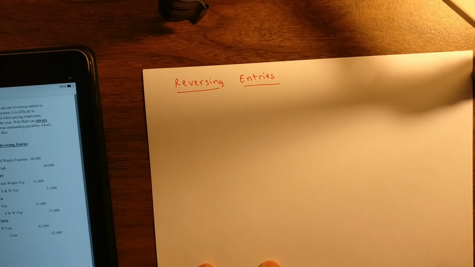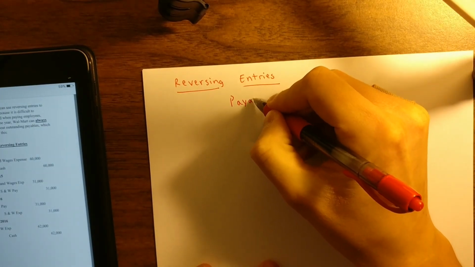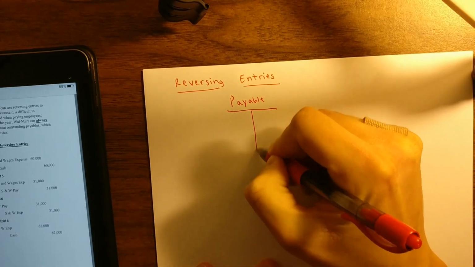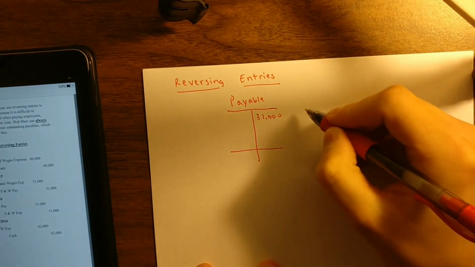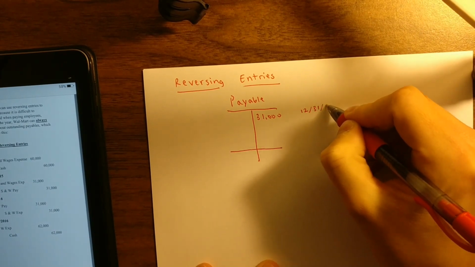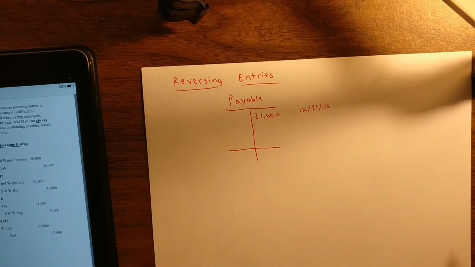You would have this payable sitting on the books, because we accrued this $31,000 as of 12/31 of 2015, and that is a permanent account sitting on the balance sheet. Until we debit off $31,000, it's going to be sitting there.